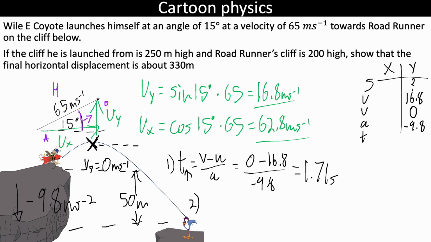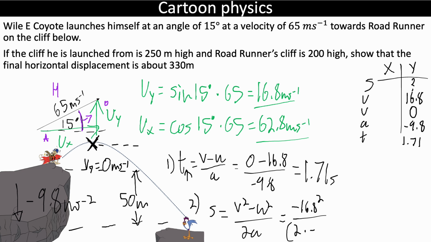We're going to use s equals v squared minus u squared over 2a, one of the equations of motion rearranged with s as the subject. So that's 0 take away 16.8 squared divided by 2 times negative 9.8.